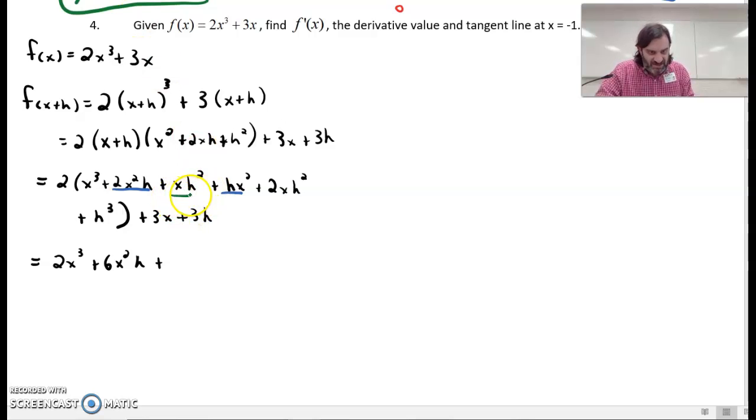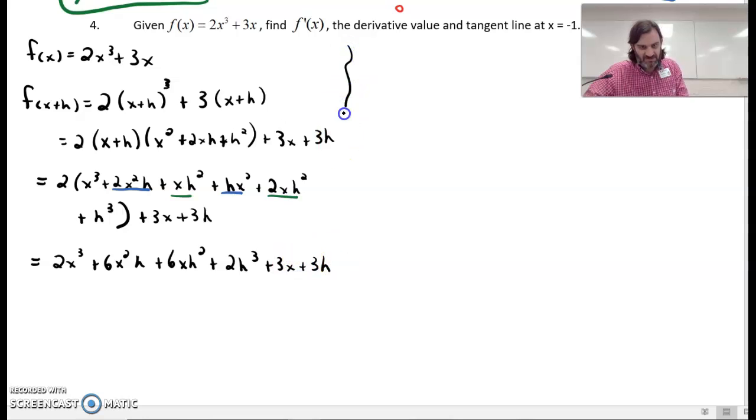We've got xh squared, so we've got 3 of those inside, so multiply it by 2. We'll have 6 of those, 6xh squared. And then we've only got the single h cubed, but multiplied by 2, so it'll be plus 2h cubed, and then plus 3x plus 3h. Now that was a lot of work just to get set up. But this will be much easier than some of the other ones we've done, just because everything cancels nicely.